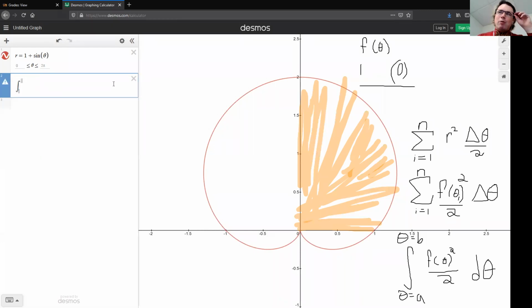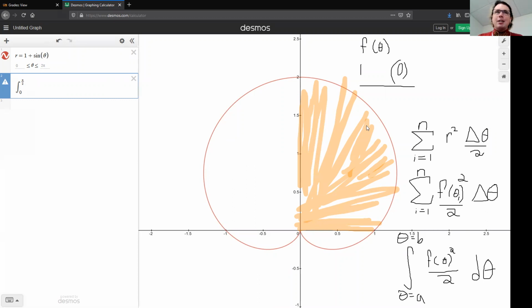In Desmos, I just have to write the letters i and t, and it knows that I want an integral. I'll start my lower bound at theta equals 0. My upper bound, it looks like I've gone all the way up to an angle of pi over 2. So this is all of the area enclosed by the cardioid in the first quadrant.